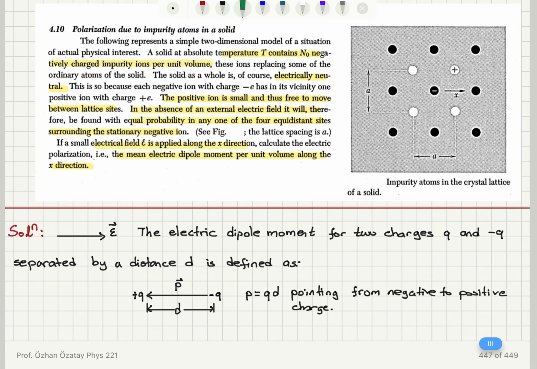Okay, so first of all, we have to remember polarization, the electric dipole moment vector points from minus charge to plus charge. Its magnitude is q times d.